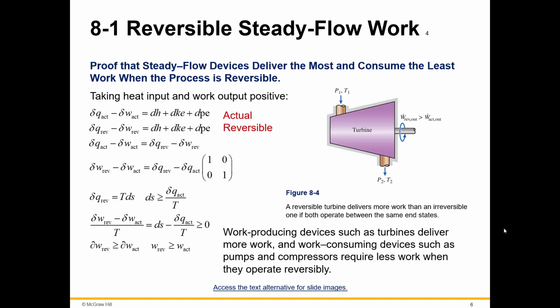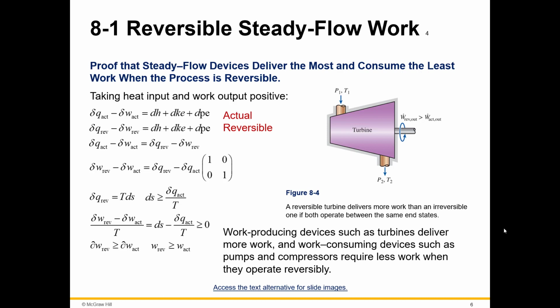Right? So, proof that steady flow devices deliver the most and consume the least work when the process is reversible. Taking the heat input and work output as positive, here you have actual and reversible denoted. Then you have the schematic over here of a turbine. So you have P1 and T1 going in, P2 and T2 coming out, and then what do we get?